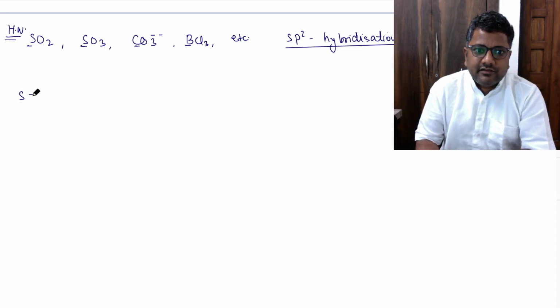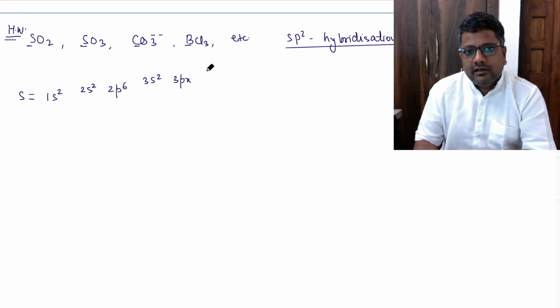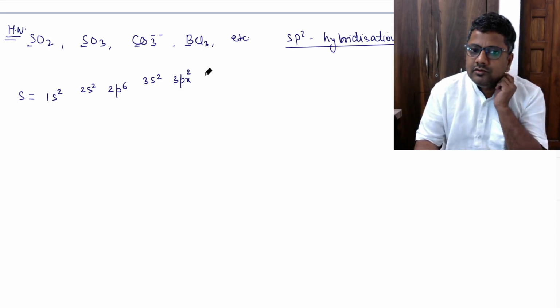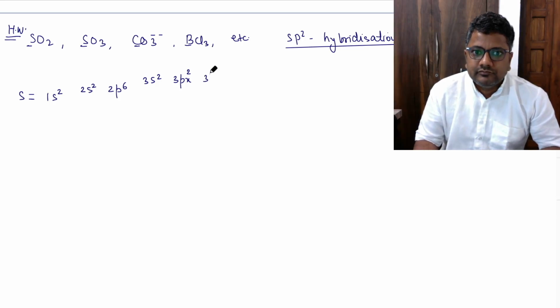So sulfur electronic configuration: 1s2, 2s2, 2p6, 3s2, 3px2, 3py1, 3pz1.